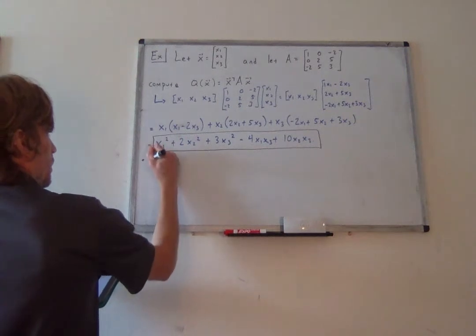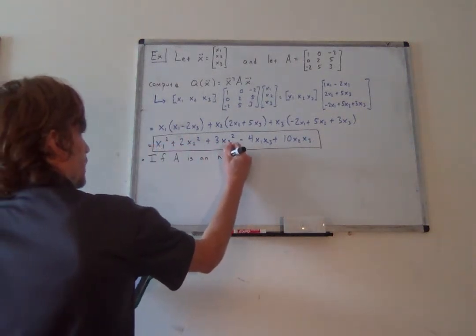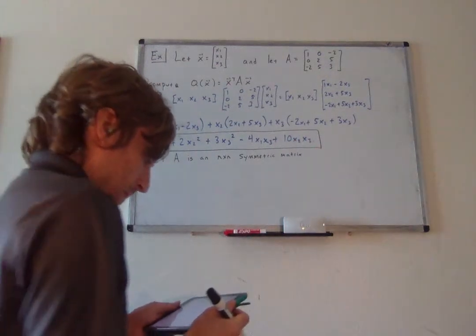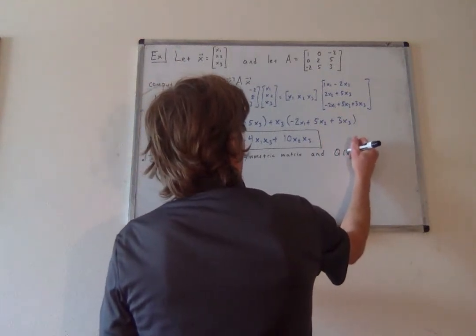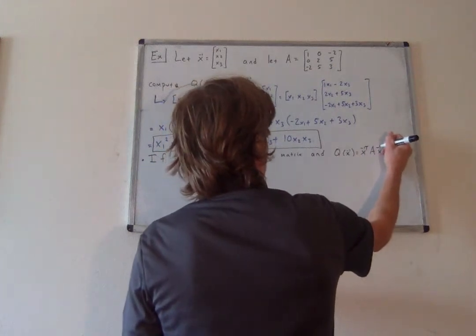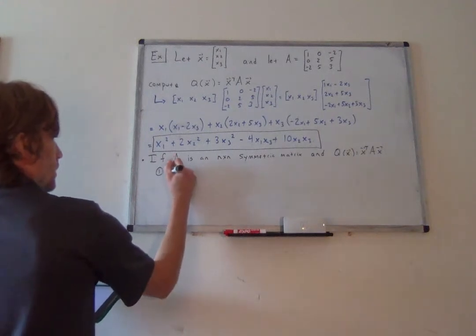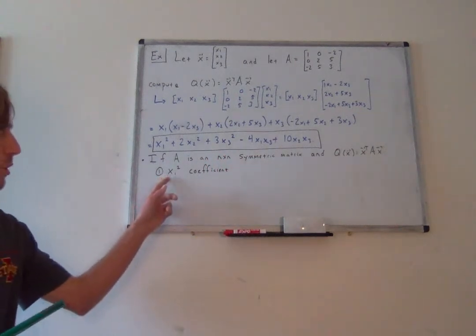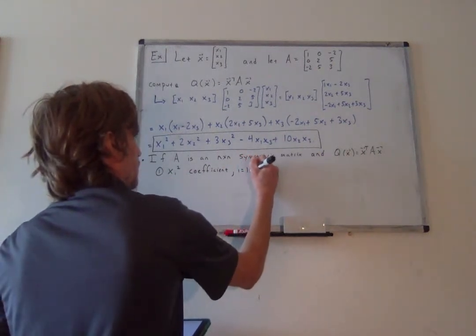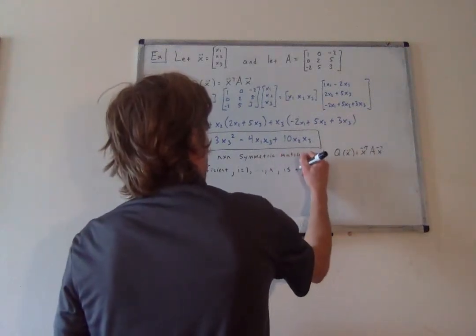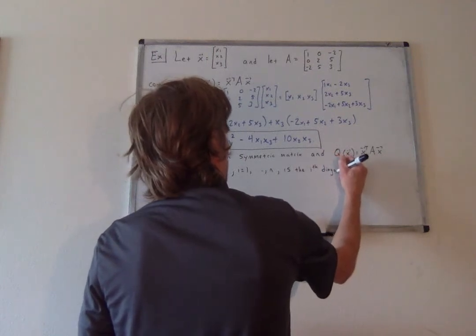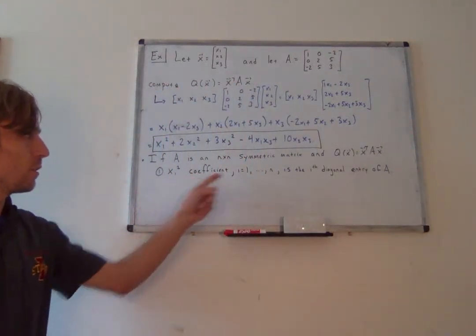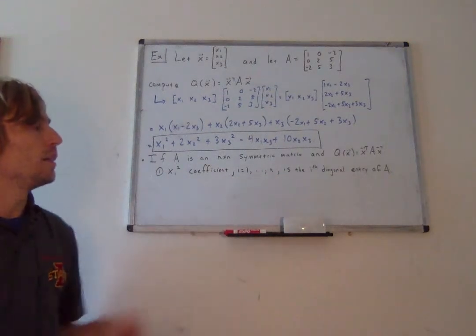So if A is an n by n symmetric matrix, and Q is the quadratic form corresponding to the matrix A, so that A is the matrix of this quadratic form, then the x sub i squared coefficient, for each i from 1 to n, is the ith diagonal entry of A.